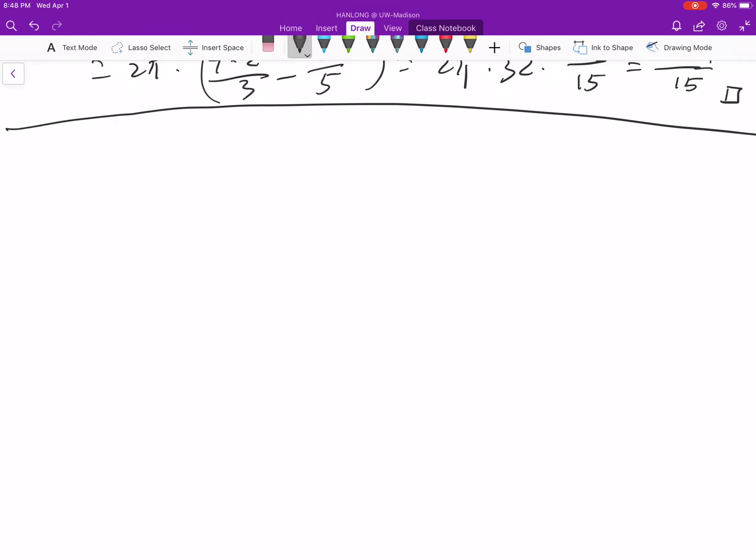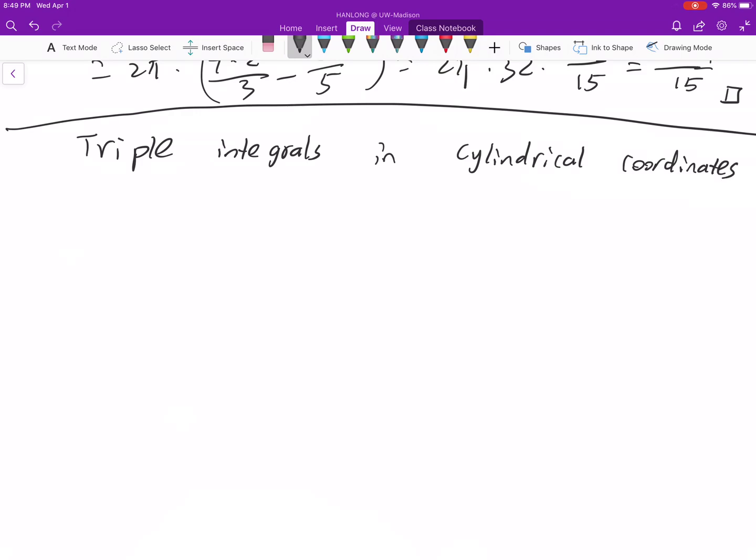We can use this method. So this is called triple integrals in cylindrical coordinates. So the standard domain for this is given by a cylinder.